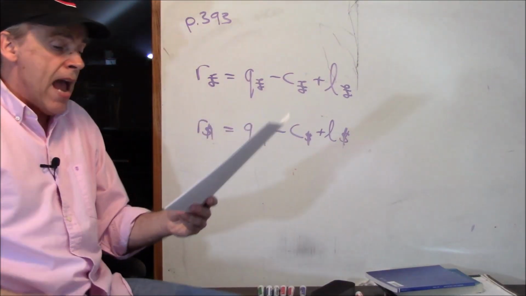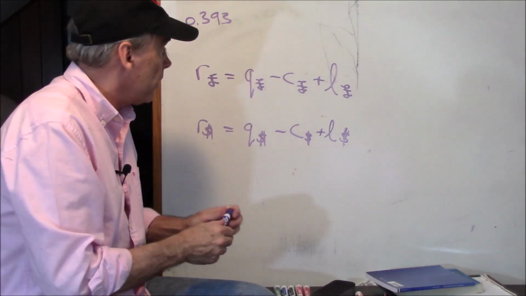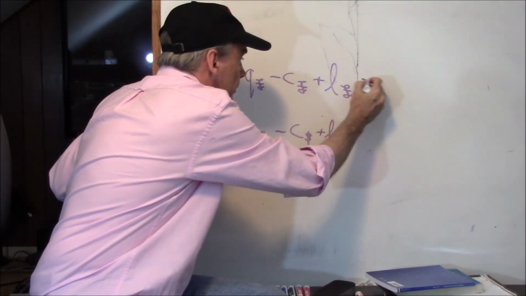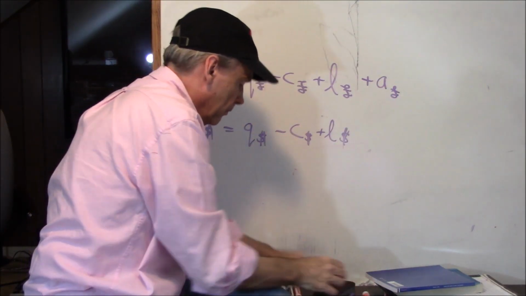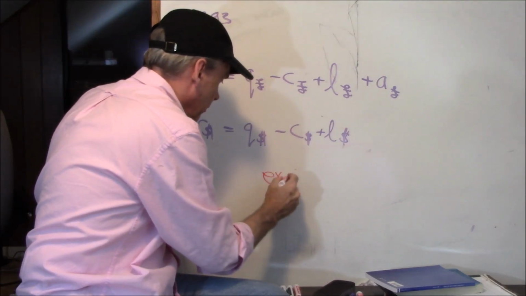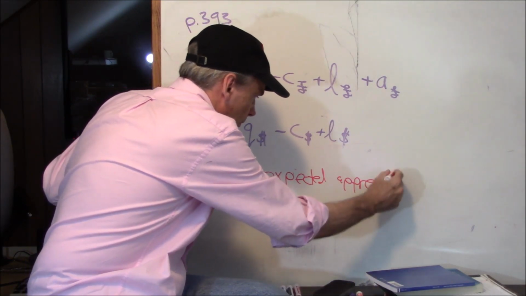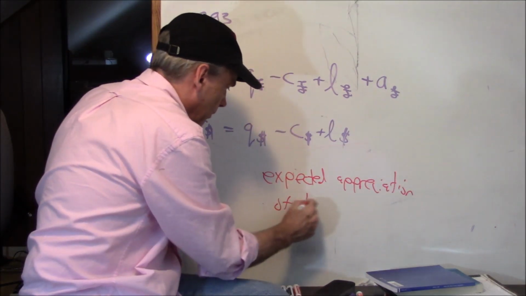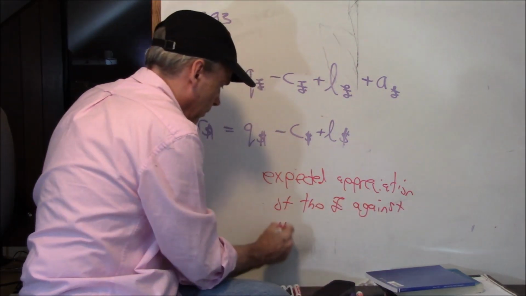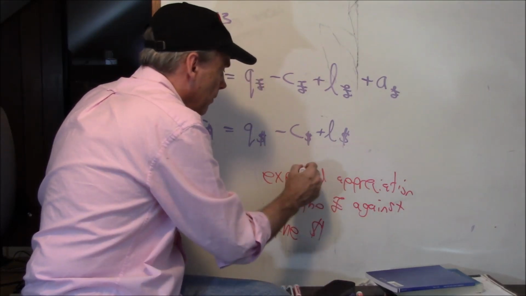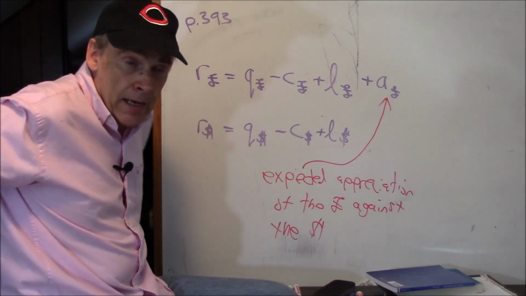Okay. The thing we haven't taken into account, and by golly gosh, is the one that's going to be the most interesting to us, is this one: the expected appreciation of the pound against the dollar, right?